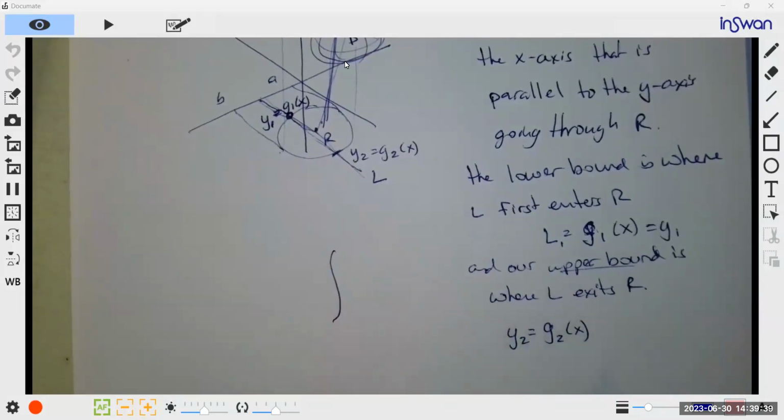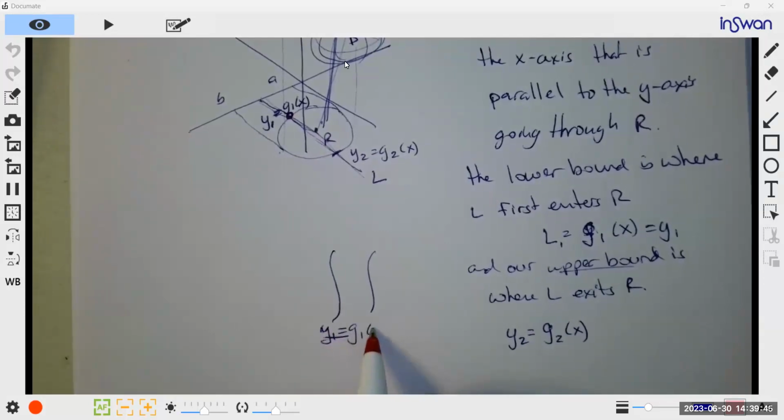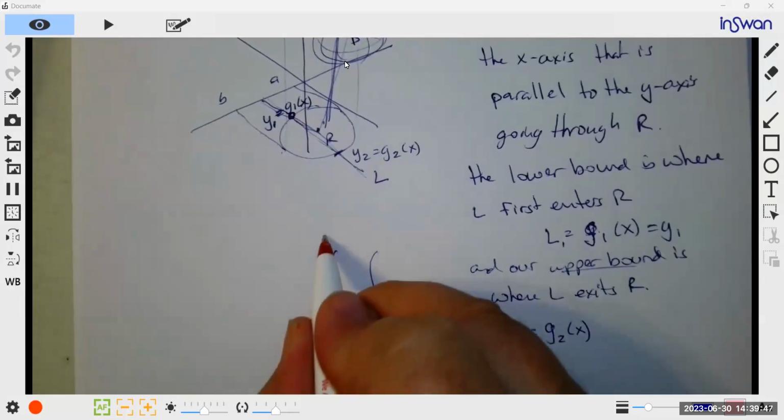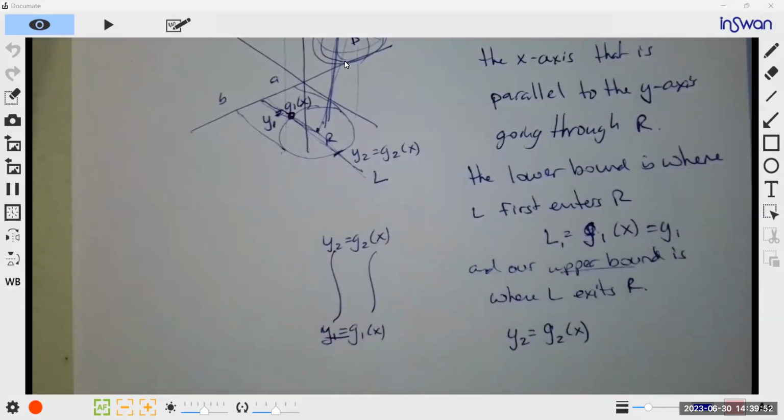So the bounds here, Y1 is where it enters, Y2 is where it exits.